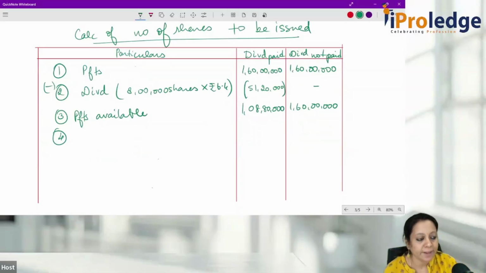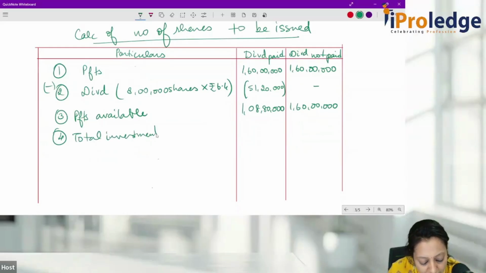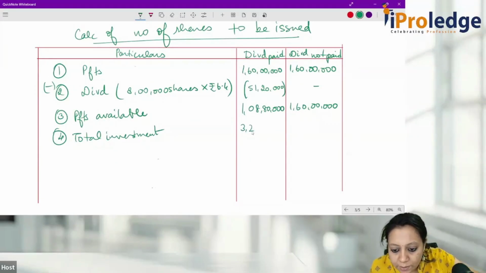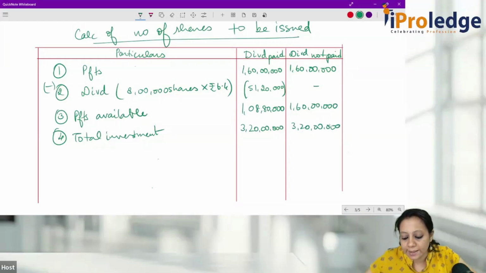Out of that, I paid dividend. Balance profits, this we have found out. Now, what is the total investment? Total investment that is to be made is 3 crore 20 lakhs, whether I'm paying dividend or not. Here also it is 3 crore 20 lakhs. It is given in the question.